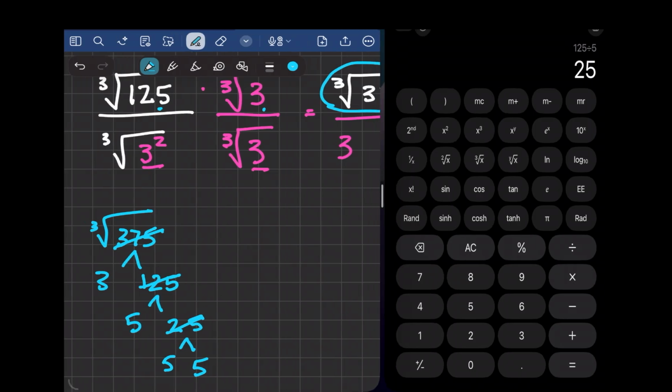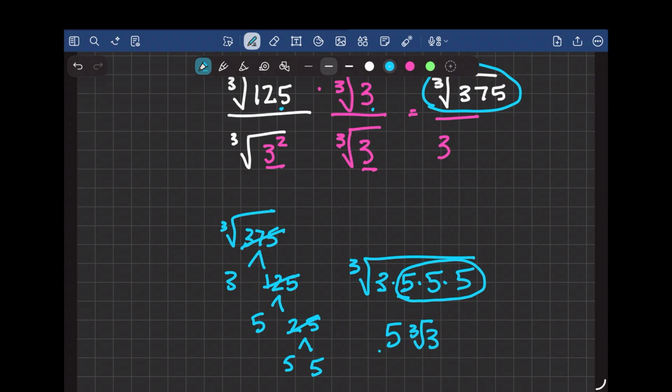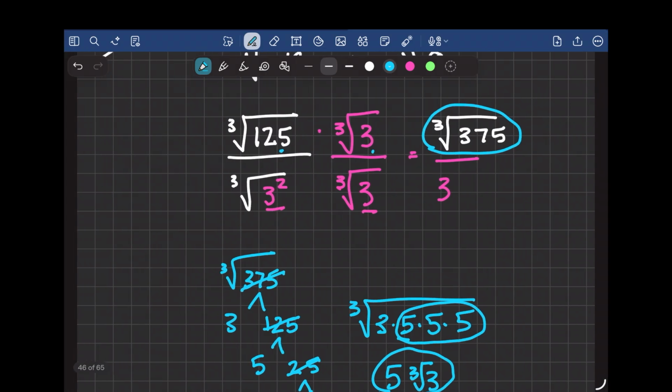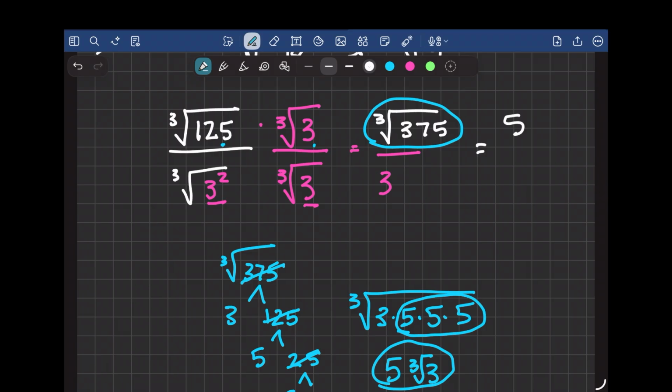So looking at this one, we have broken it into 3 times 5 times 5 times 5. And this again is under the cubed root, so I need triples, which I do have. I have a set of 5s that I can bring out. So I have 5 times the cubed root of 3 for my top number, which means over here, I can say that my final answer is 5 times the cubed root of 3 over 3. And we are done.